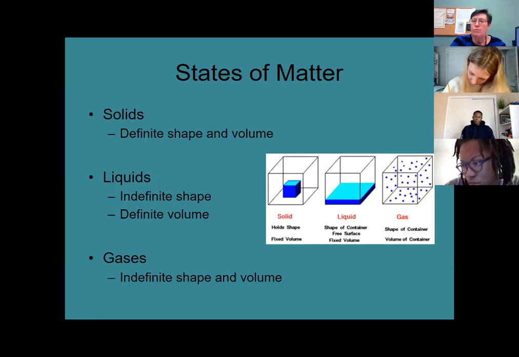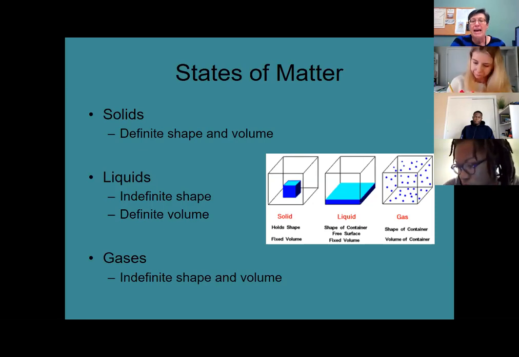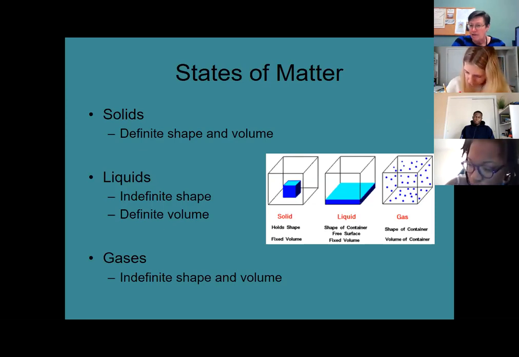So if you have a cup of water, you could pour it into different types of containers and it would have an indefinite shape. It would change with each container, but the volume would still be the same. And then gases have both indefinite shape and indefinite volume, because again, they will conform both shape and volume to a container.